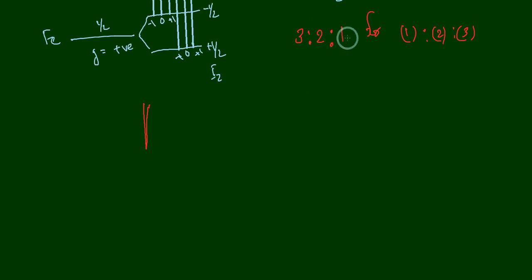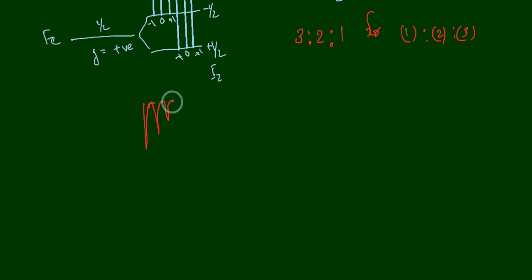Pair 1 has a probability of 3, so it will have the maximum transition. Then the second one comes from pair 2, which will not have that much probability, so it comes like this. The third one comes from pair 3. Pair 3 has the least probability, only 1, so this will be in the 3 to 2 to 1 ratio.